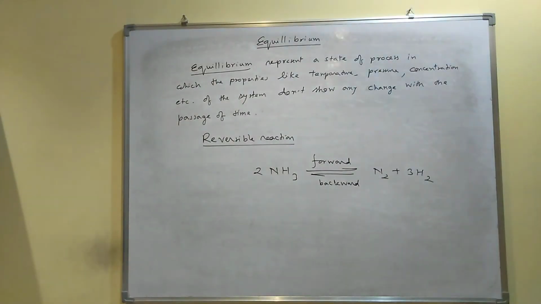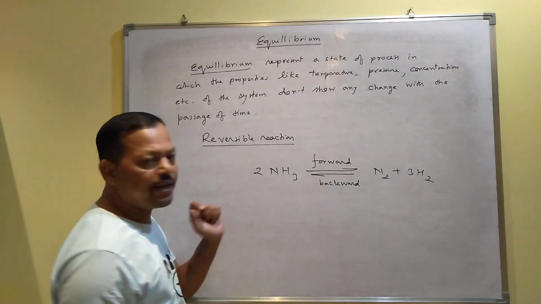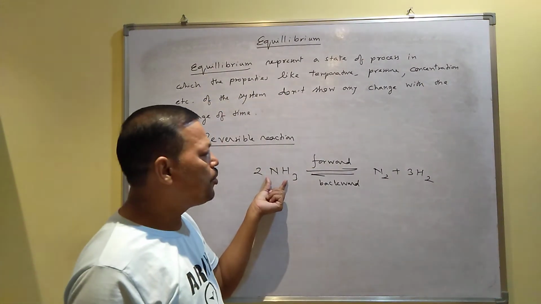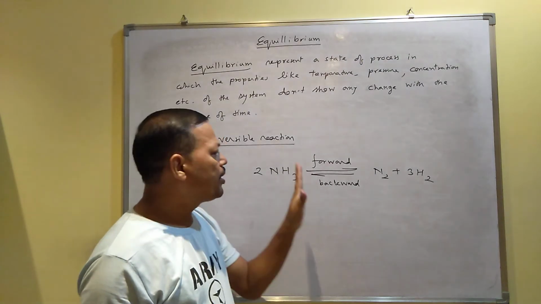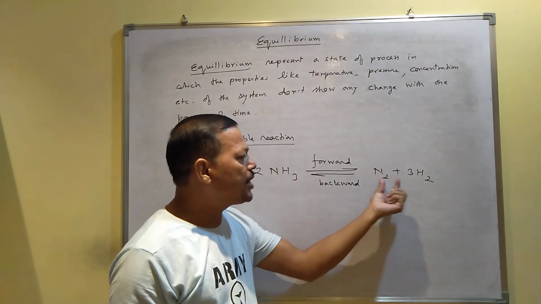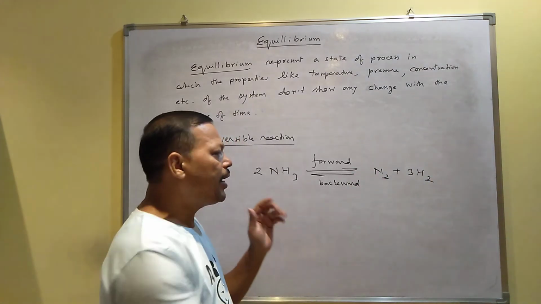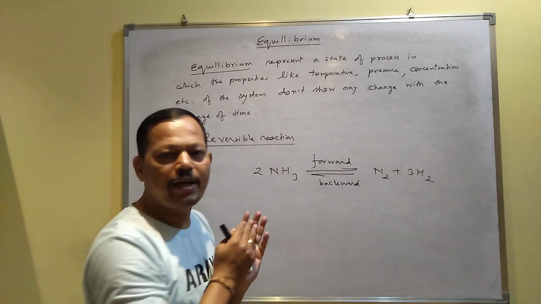There are so many reactions you will get in books which are reversible in nature. Now, see, when ammonia undergoes decomposition, it produces nitrogen and hydrogen, that is called the forward direction. And when the amount of nitrogen and hydrogen increases, I mean when more product is formed, they undergo the backward direction reaction also.